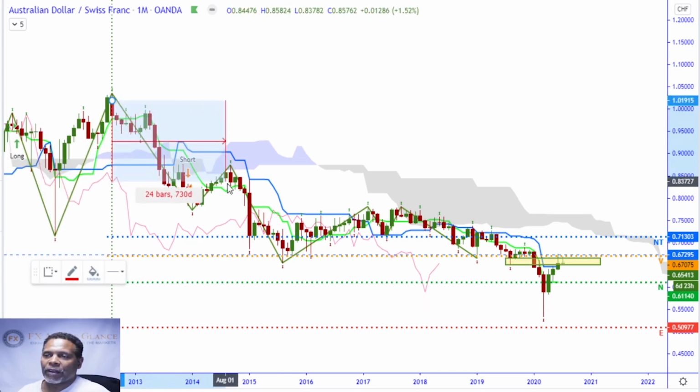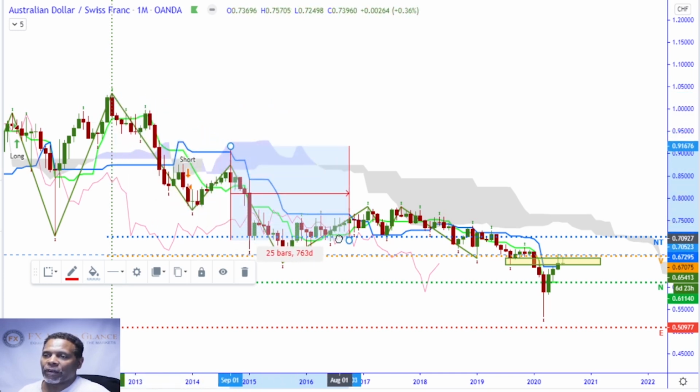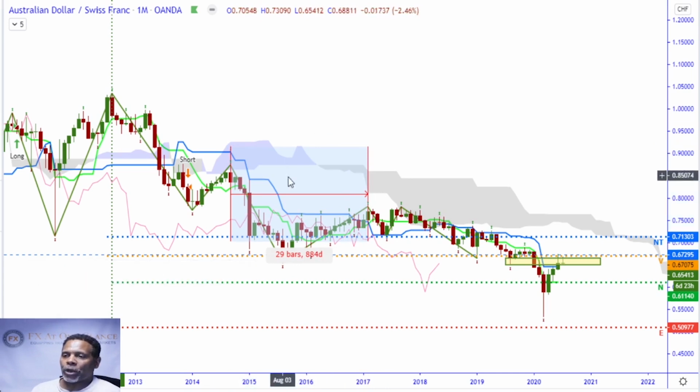This V wave completed in 25 bars, right? And then this V wave completed in 29 bars.